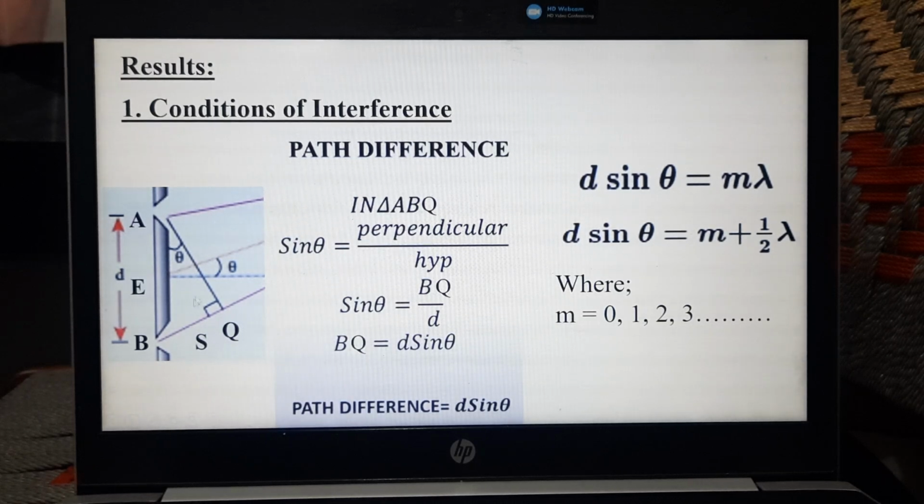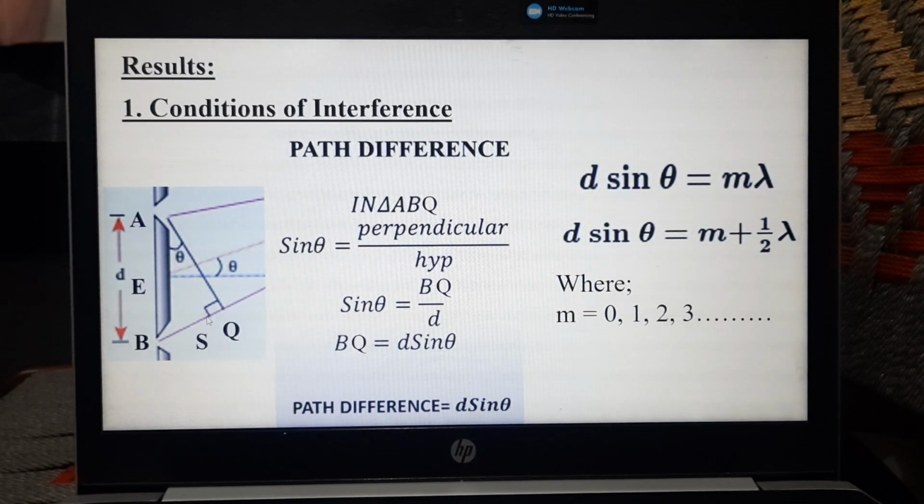So from this smaller triangle ABQ, I will be confirming the conditions of interference. Look, if I calculate sine theta for this smaller triangle, sine theta is equal to perpendicular by hypotenuse.